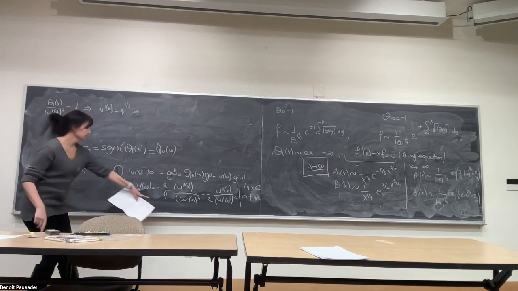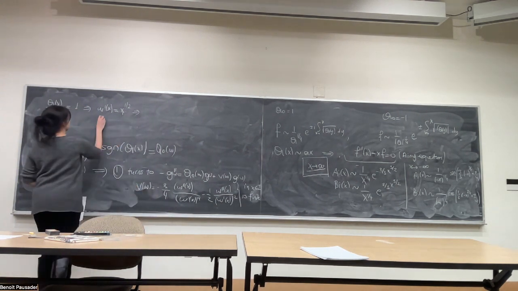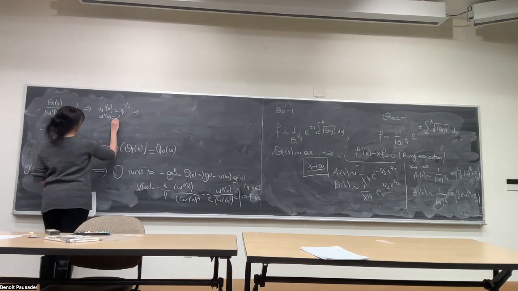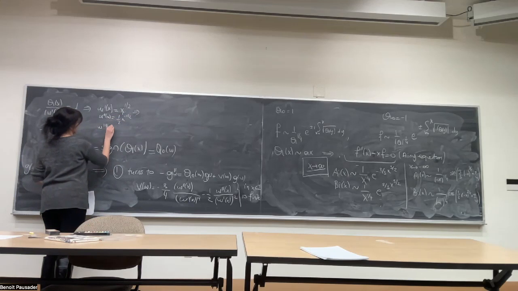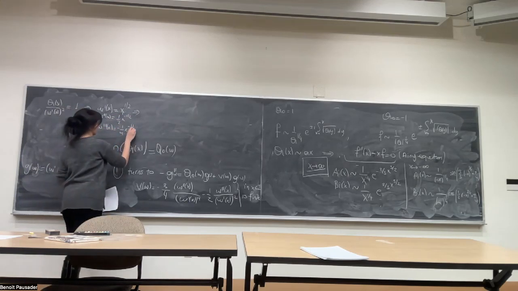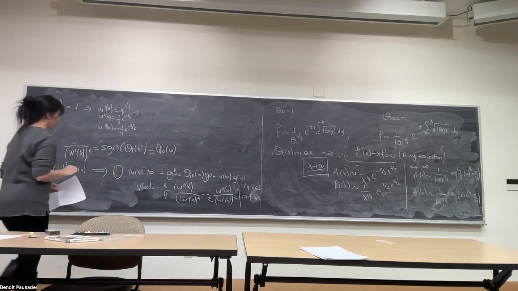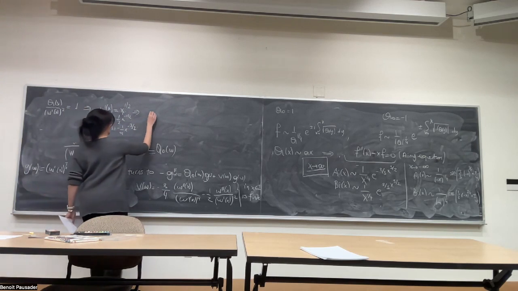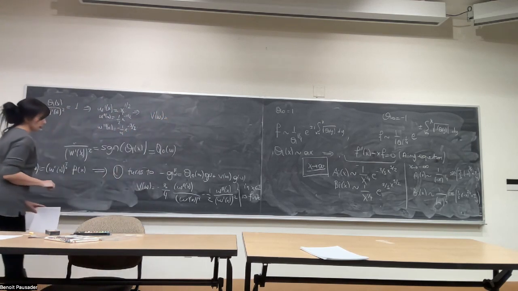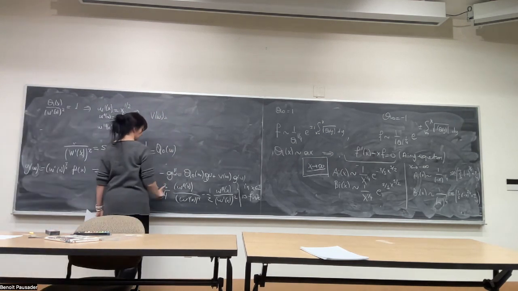If you look here, my W double prime is going to be 1/2 x to the 1/2, and my W triple prime will be -1/4 x to the -3/2.